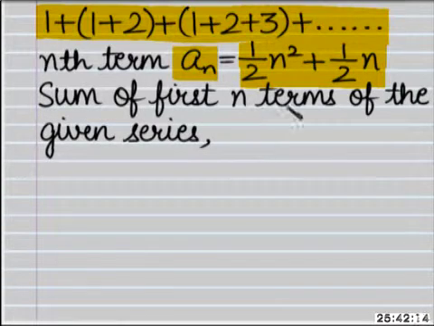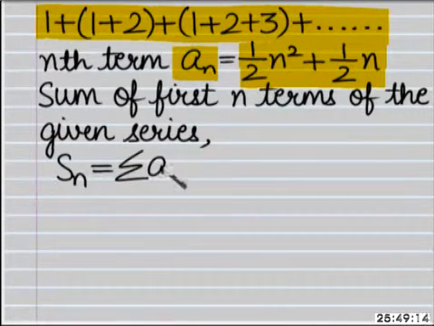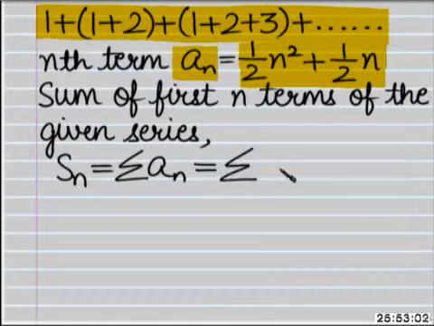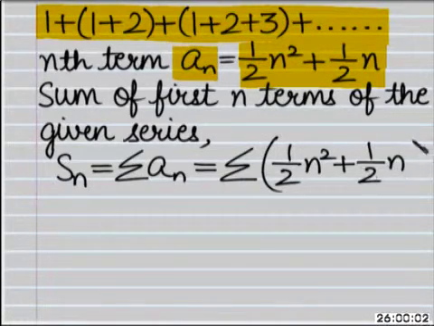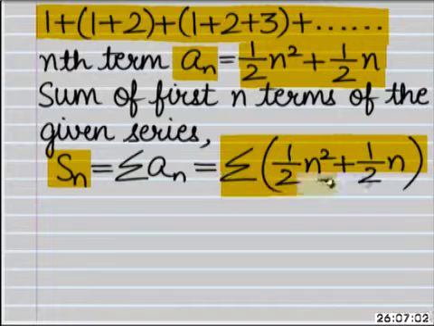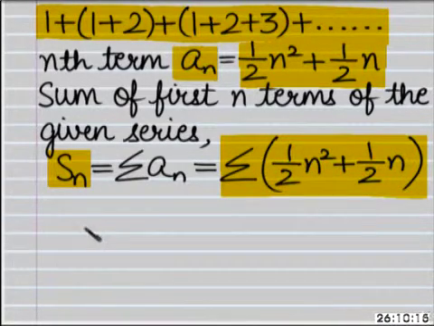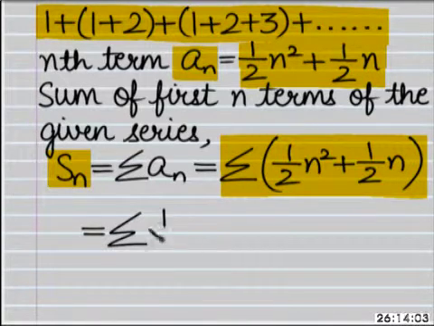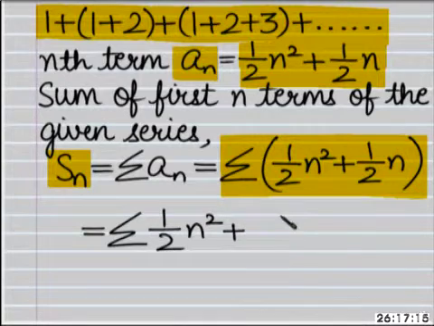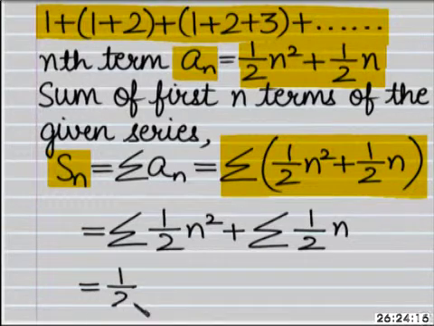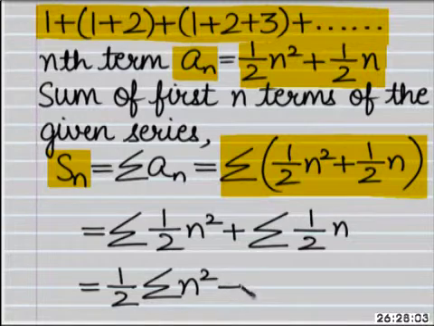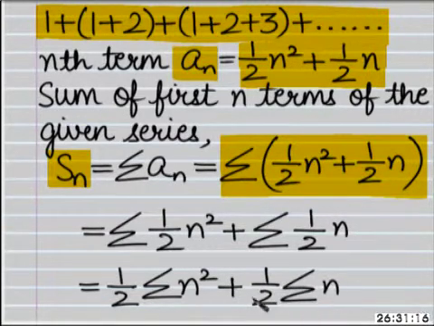So, sum of first n terms of the given series, that is Sn, which is equal to summation of an, will be equal to summation of 1 upon 2 into n square plus 1 upon 2 into n, which is further equal to summation of 1 upon 2 into n square plus summation of 1 upon 2 into n, which is equal to 1 upon 2 into summation of n square plus 1 upon 2 into summation of n.